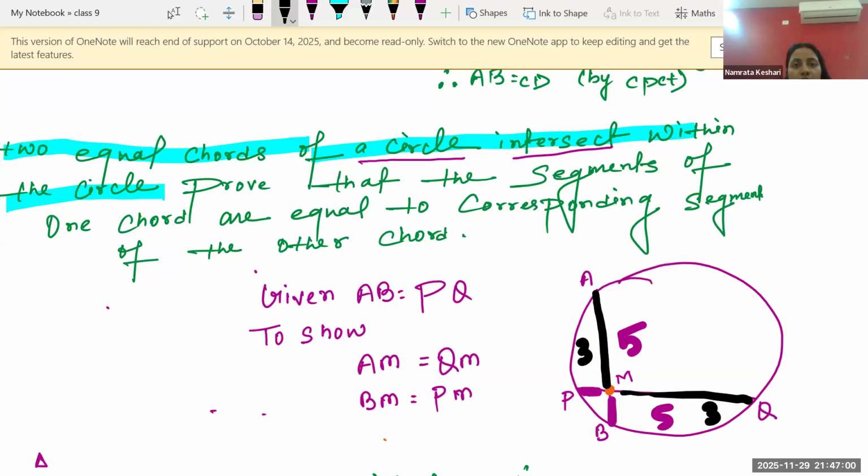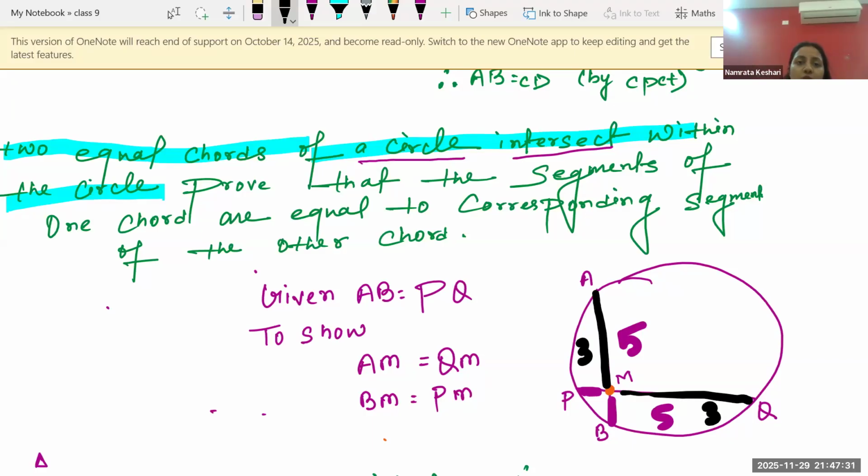Okay, so here it is given that these two chords, chord AB and chord PQ, are equal in length and are intersecting each other inside the circle like this. Then prove that the corresponding segments are equal. That means the bigger portion here and the bigger portion there are equal in length.